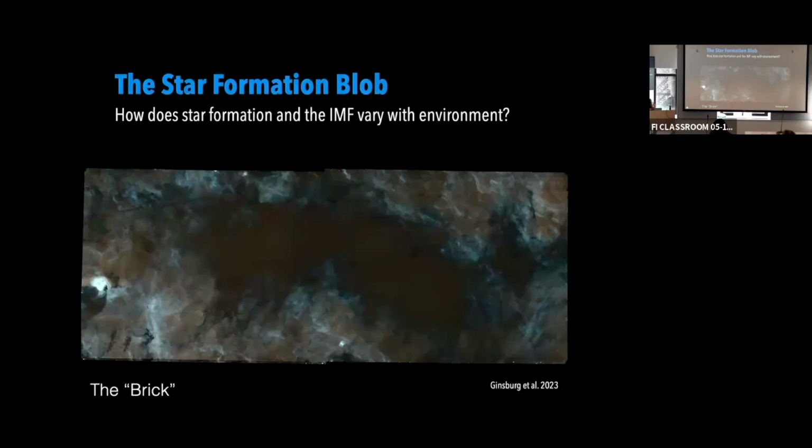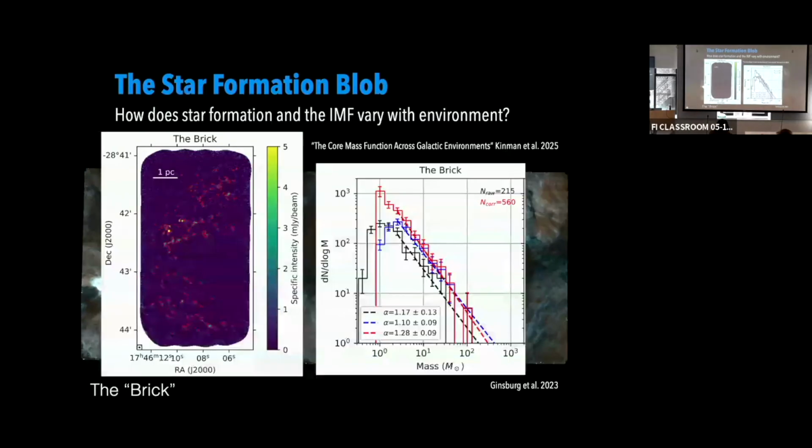So given that there might be some relationship between cores and stars, you might then want to know, how does the IMF vary with environment? Here's this beautiful image of the Brick. And people have looked at regions like this one, which are much more extreme than our local star forming clouds. And once again, look for structures within this cloud to determine what the future star formation might look like.